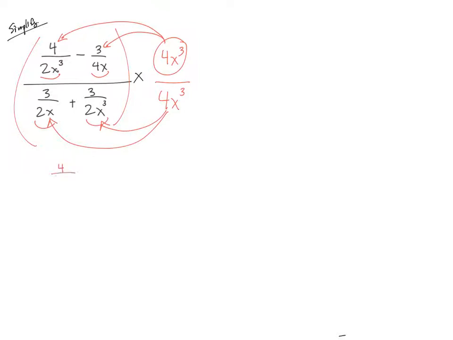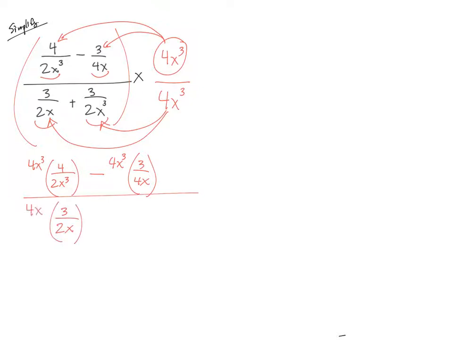I'd have 4 over 2x cubed, and I'm multiplying that by 4x cubed, minus 3 over 4x, and I'm multiplying that by 4x cubed, over, you see where I'm going there? I'm taking each term and multiplying it by that lowest common multiple. Oh, it's a plus. 3 over 2x cubed, and I'm multiplying that by 4x cubed.